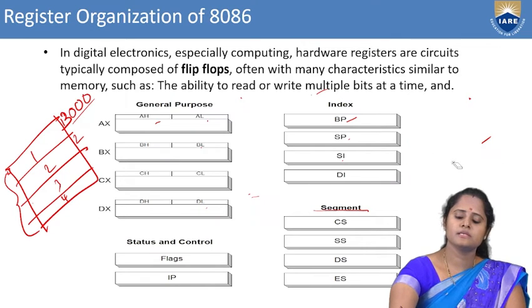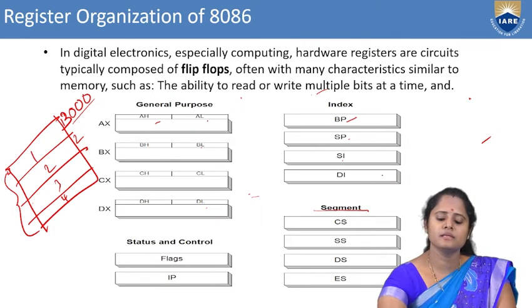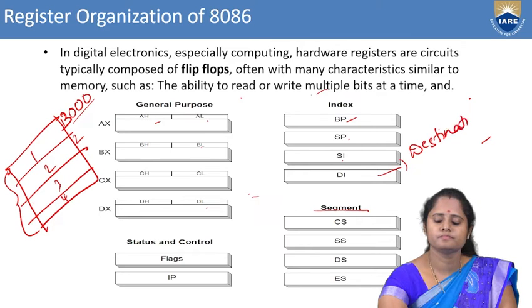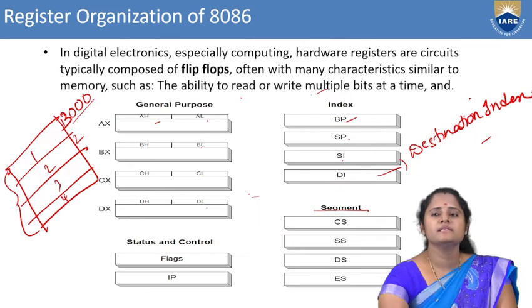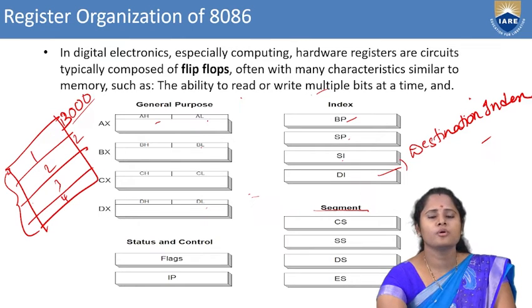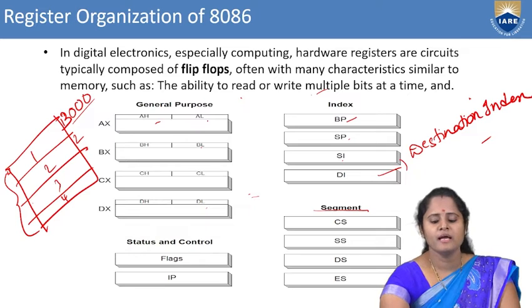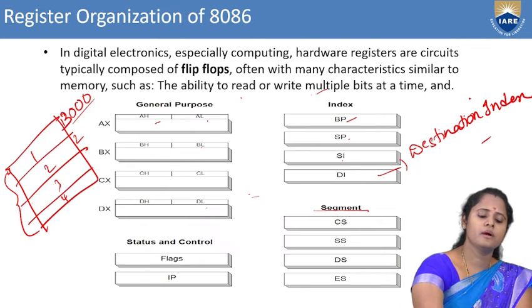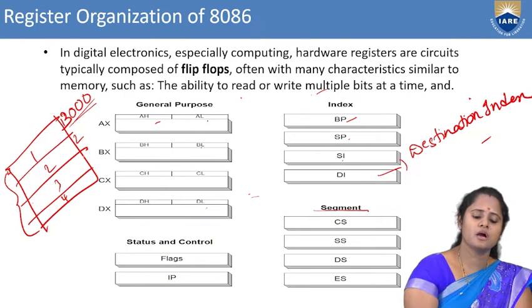Next, destination, DI. DI is nothing but what? Destination. Destination index means the location where I need to see the output. As I said, I have given my SI input in 3000.